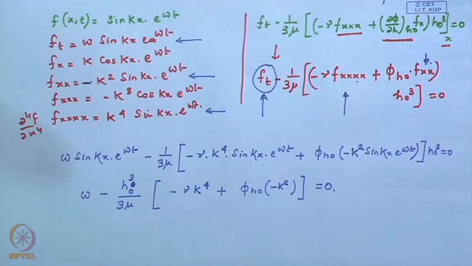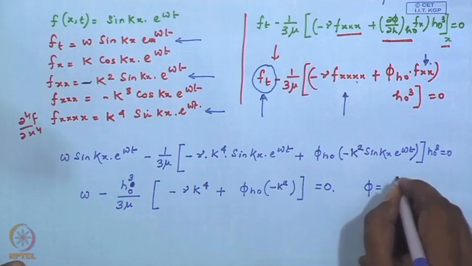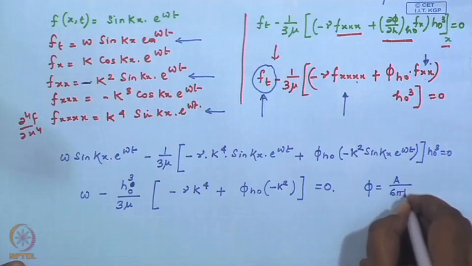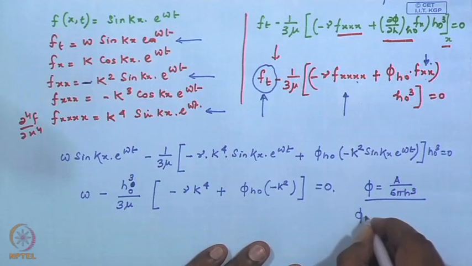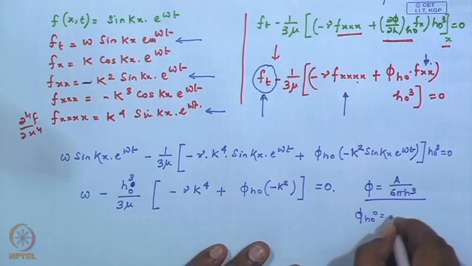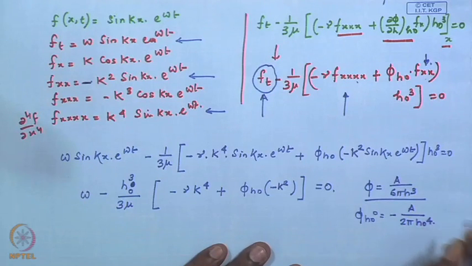Therefore, if we use the expression φ = A divided by 6π h cube, considering the attractive van der Waals interaction, we can calculate φ at h 0 as minus A divided by 2π h 0 to the power 4.